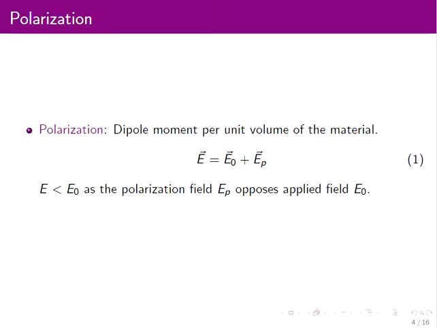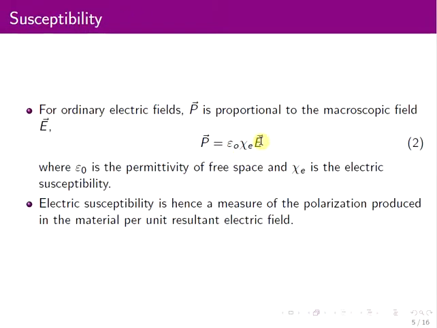This polarization, denoted by capital P, is proportional to the external macroscopic field which we applied. If you equate this, P is equal to epsilon naught chi E times E, where epsilon naught is the permittivity of free space and chi E is the electric susceptibility of the dielectric medium.